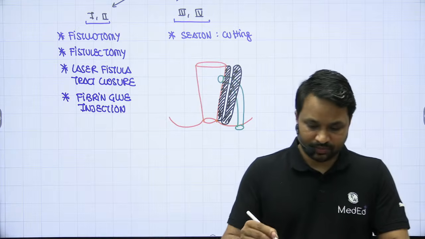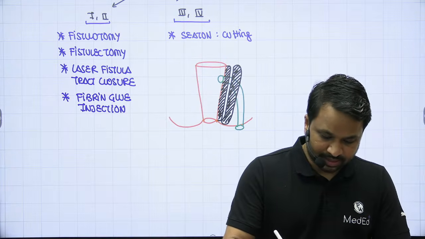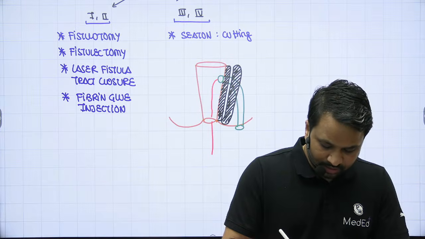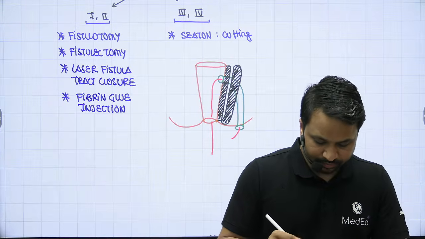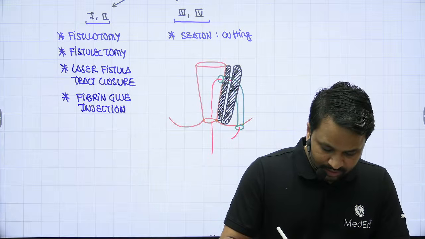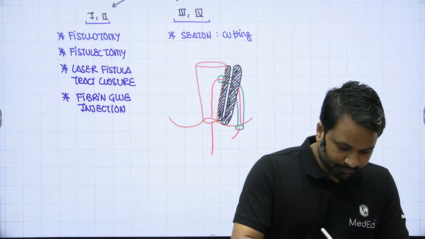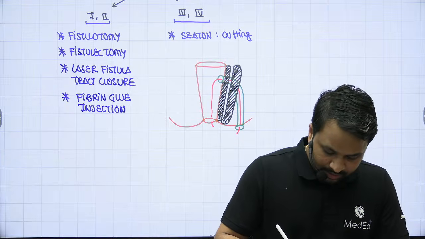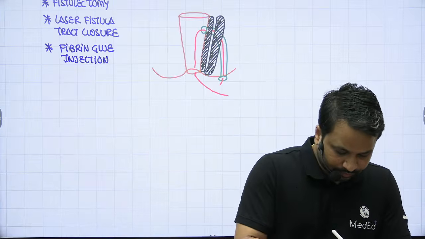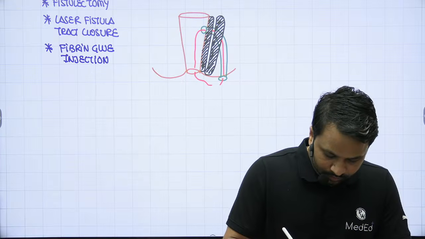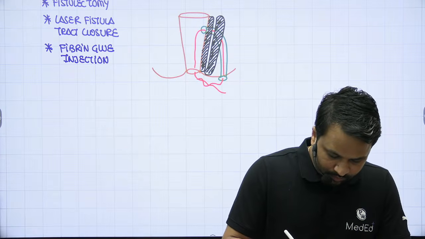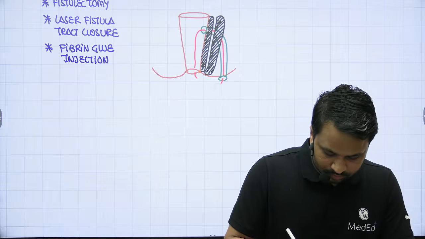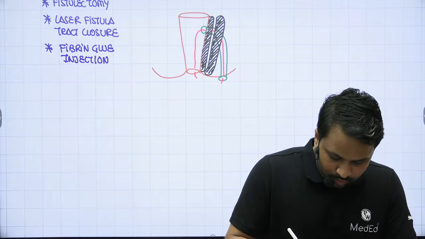So what we do is, we take a thread, like a cutting thread. I will insert the thread into the tract and pull it out from here, so this thread has traveled through inside. Now I'm going to tie these two ends of the thread.